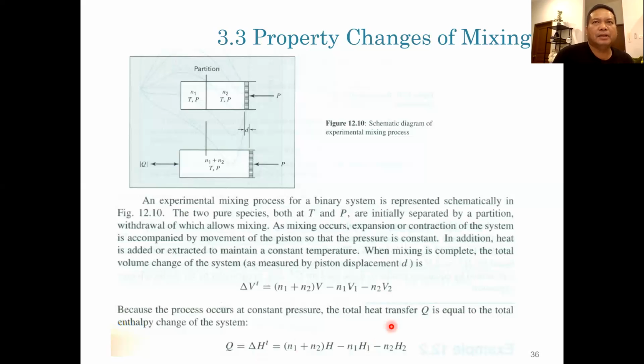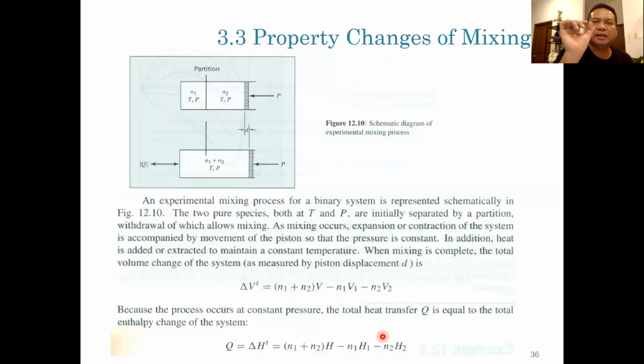As you remember, enthalpy is H equal to U plus PV. So when the volume changes, work is done, so we cannot ignore the PV part. So we need to use H.